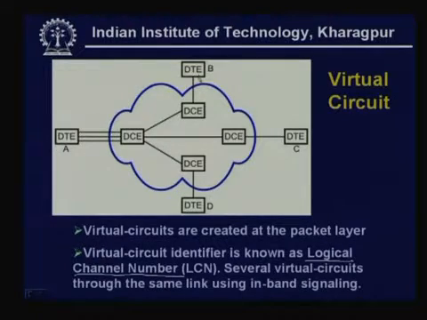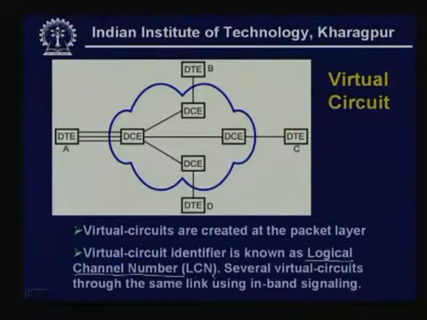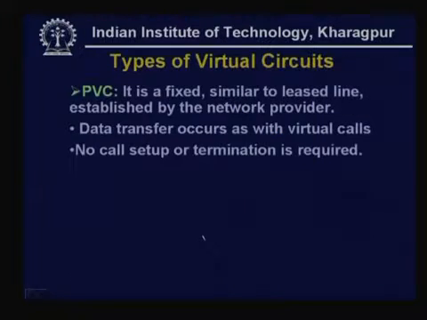One is going to B, another is going to C, another is going to D simultaneously, and on this particular link, this DTE to DCE link, as you can see, there are 3 virtual circuits. So through the same physical link you can create several virtual circuits, which are identified by a virtual circuit number, the logical channel number, or LCN, and several virtual circuits through the same link using in-band signaling can be created. So this is the fundamental idea of the virtual circuit that is being used in the packet layer of X.25.